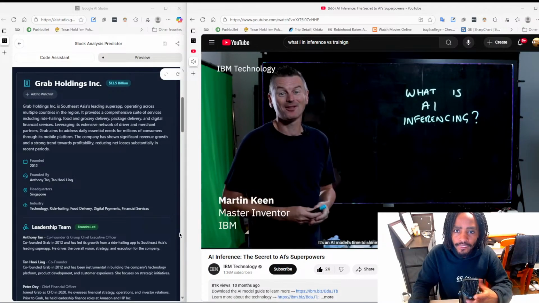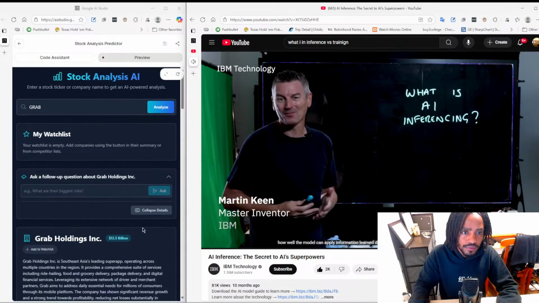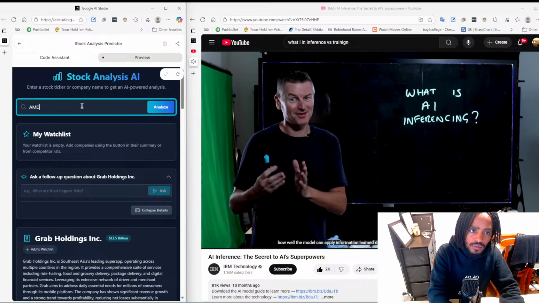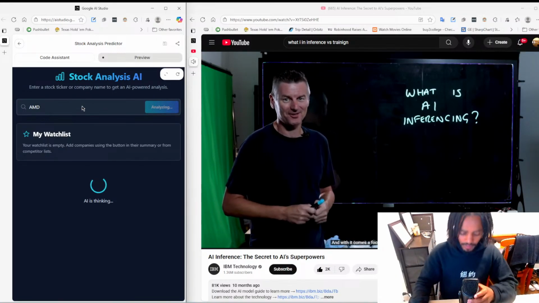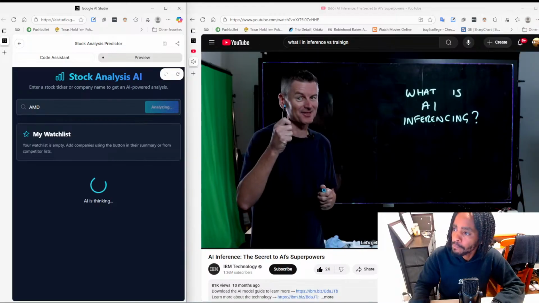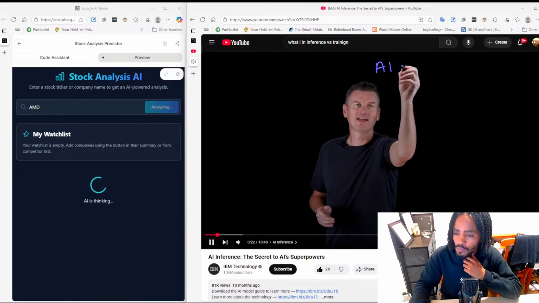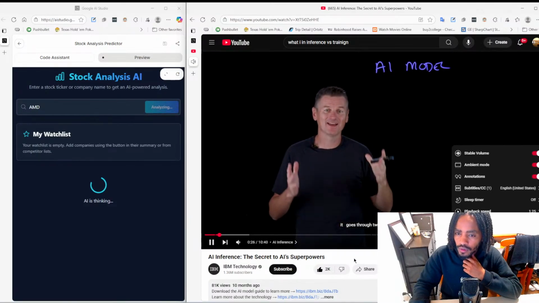Inferencing. It's an AI model's time to shine, its moment of truth, a test of how well the model can apply information learned during training to make a prediction or solve a task. And with it comes a focus on cost and speed. Let's get into it. So, an AI model goes through two primary stages.